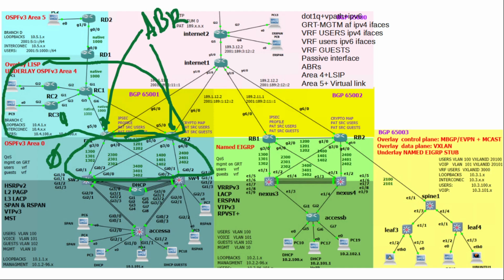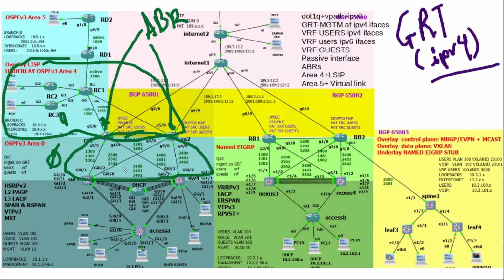So the first thing that we are going to do is, for the global routing table in the address family IPv4, we are going to summarize all the prefixes that belong to 10.1.0.0/16. We are going to summarize many prefixes into this summary.